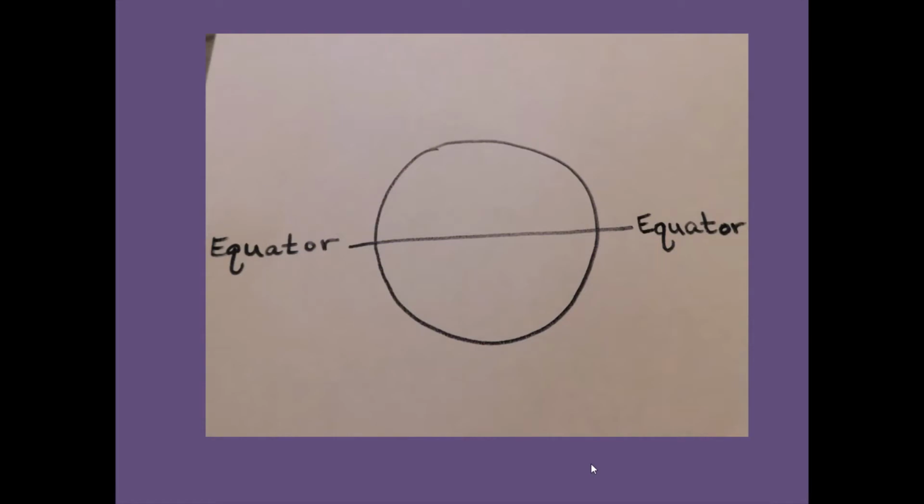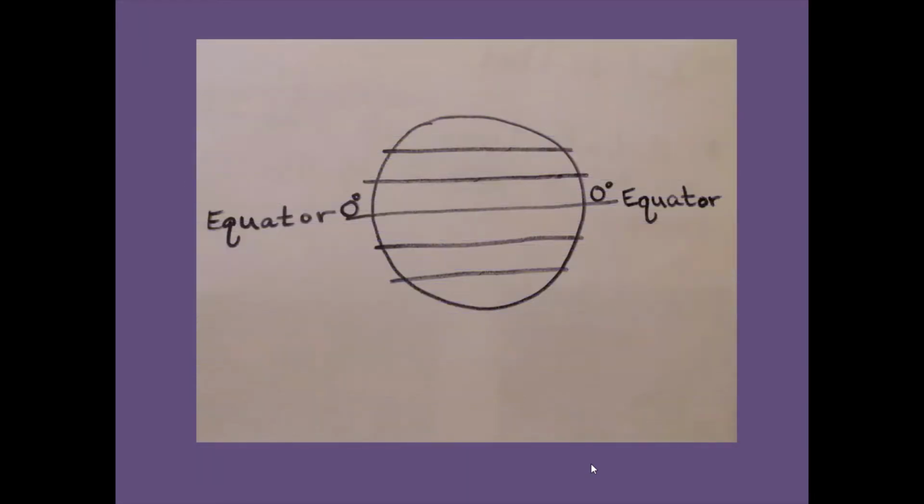All right, so here we have that equator, which is the latitude line in the center of our Earth. Now, each one of these latitude lines, including the equator, is going to have a number. Think about what you think the number might be for the equator. And the number is 0. It's at 0 degrees.